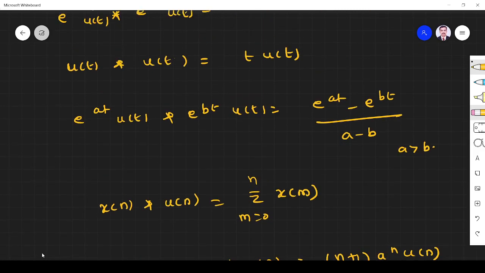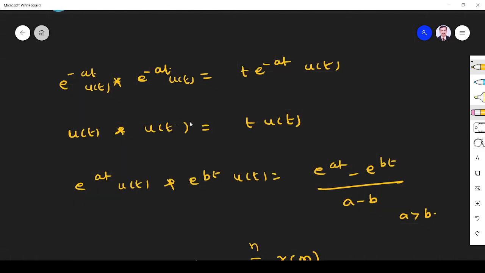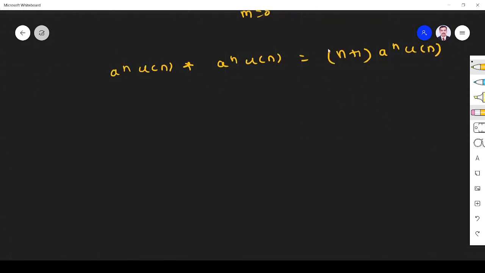So it is like the same e^(at) into e^(-at) convolution formula. Here t, here n plus 1. What is the reason? You just find out. Okay, so that is an important point we must know in convolution.